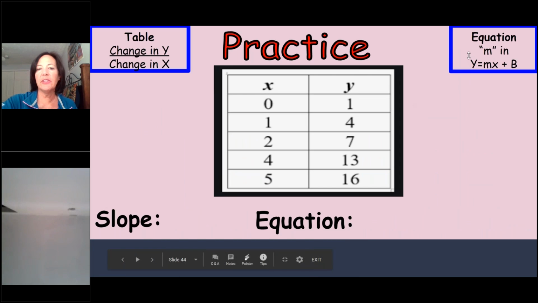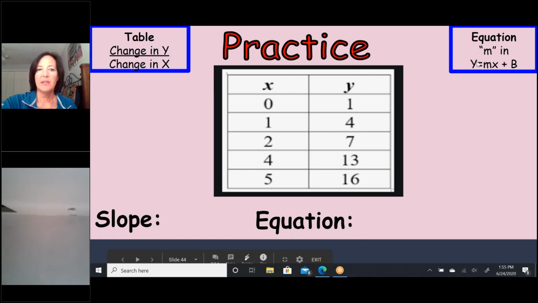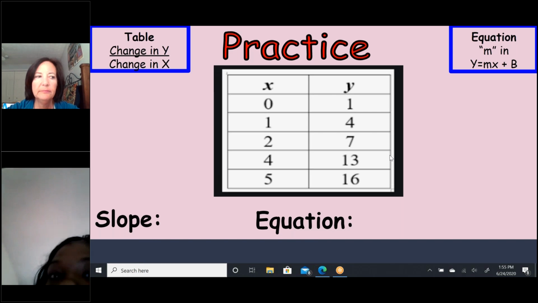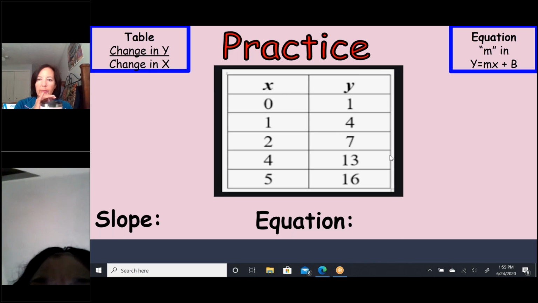How about this one? See if you can calculate the slope from this table. Okay. So we have to find the change in y and then divide that by the change in x.